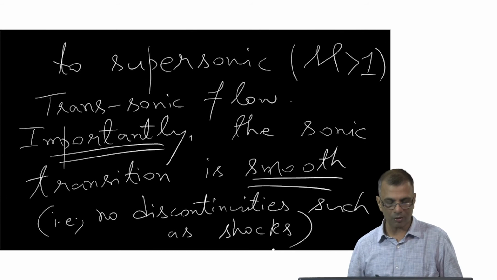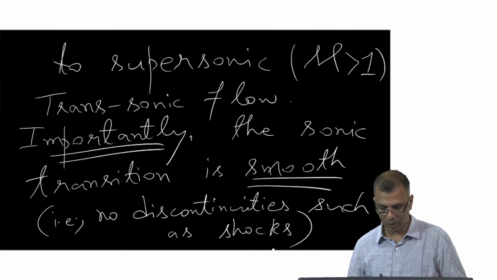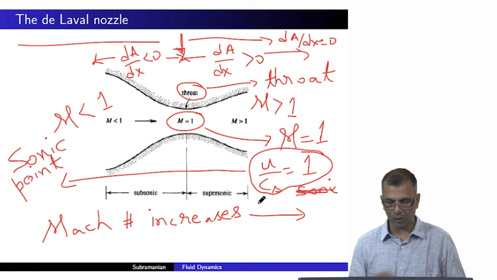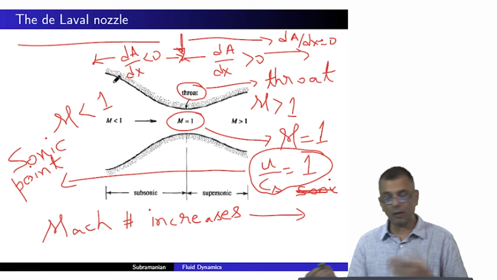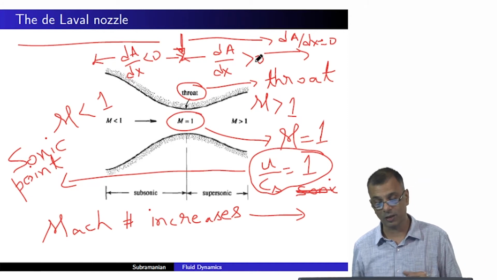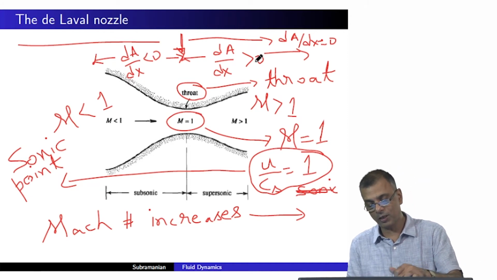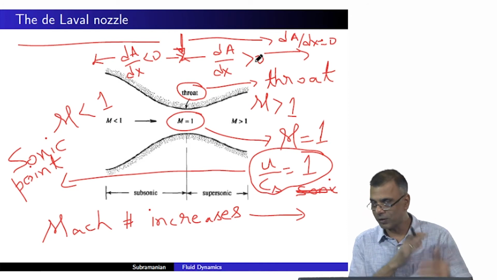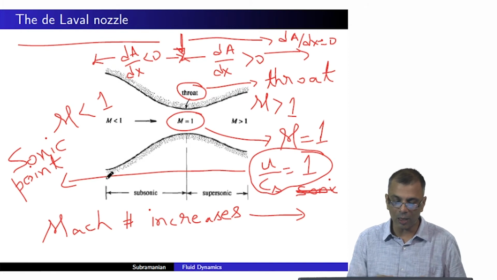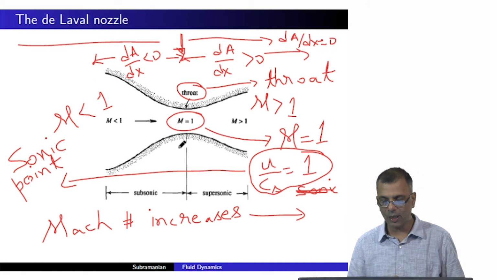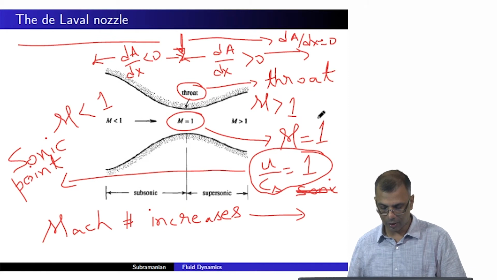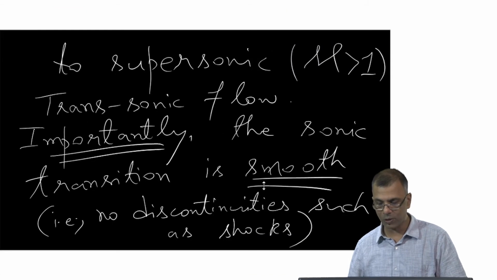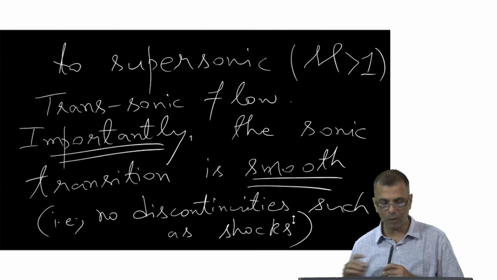Okay, the throat. There are many ways in which you can transition from a dA/dx less than 0 to a dA/dx larger than 0, right? The converging nozzle can be very sharp, for instance, and the diverging nozzle can also be very sharp. But you have to engineer the shape of the nozzle such that the transition happens smoothly, without any discontinuities such as shocks. This is very important.